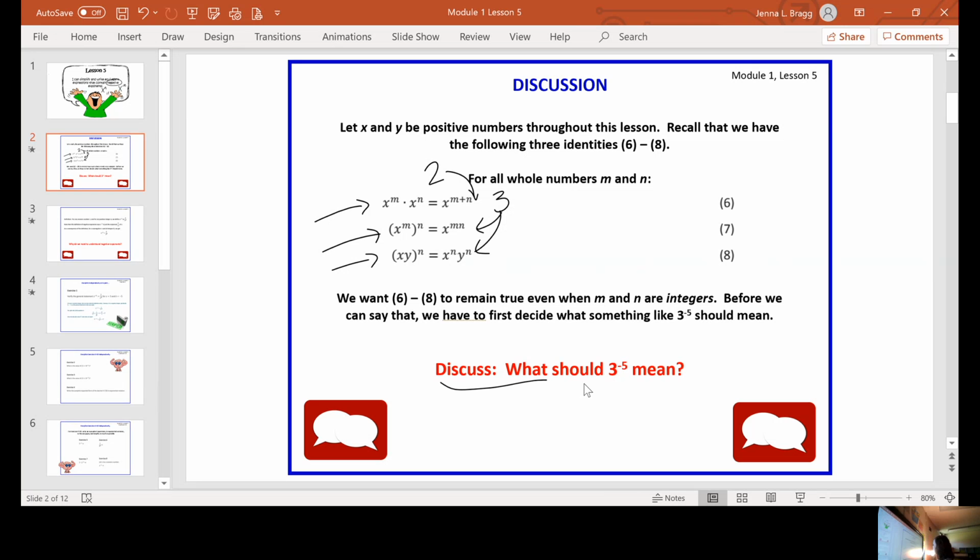Okay, so what should 3 to the negative 5th power mean? You've learned about fractions before. There's a numerator and a denominator. What the negative 5 is telling us is that this actually belongs in the denominator. So we transfer our base of 3 and the positive version of that exponent into the denominator, and we put a 1 in the numerator.